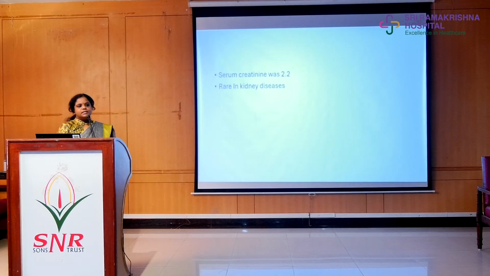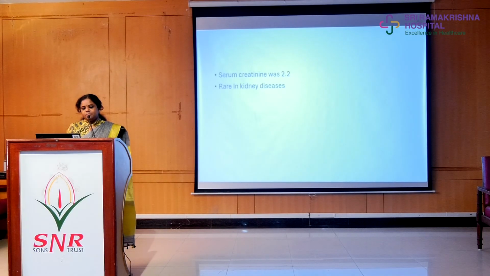The serum creatinine was 2.2, and granuloma annulare is rare in kidney disease, but this patient presented with it. We referred the patient to nephrology, but unfortunately he did not go, and 6 months later he presented to the nephrology department with an elevated creatinine of 6.5.